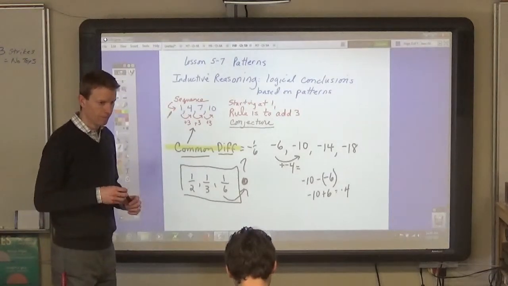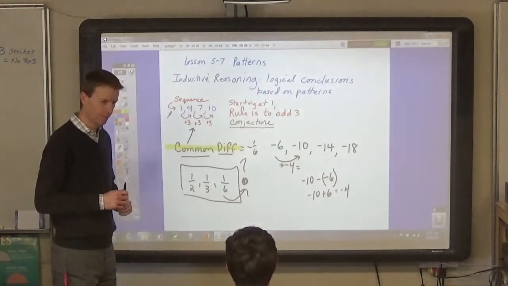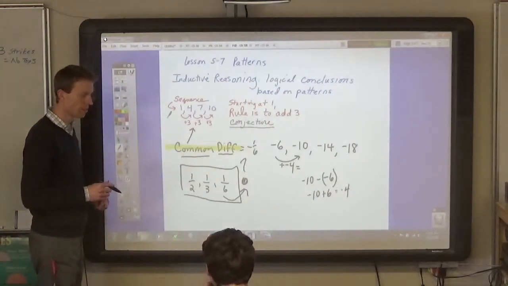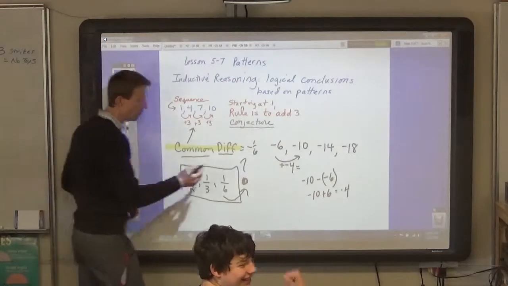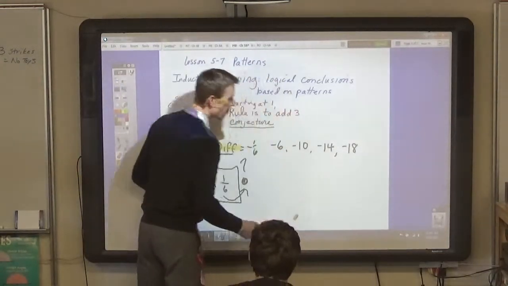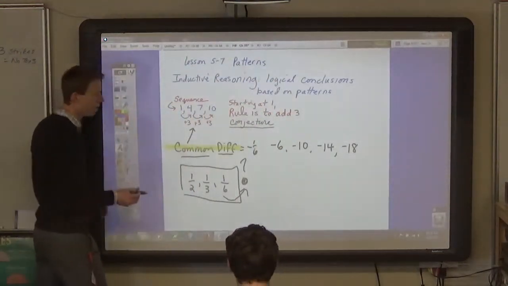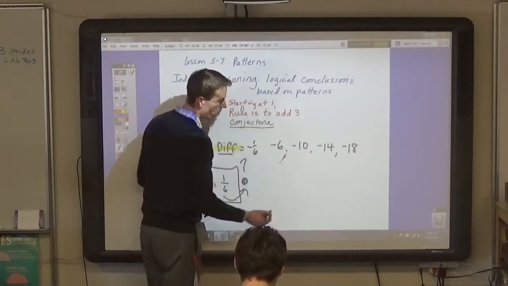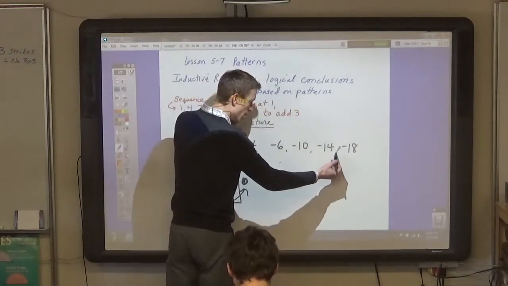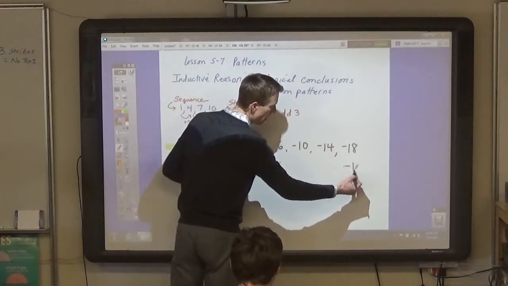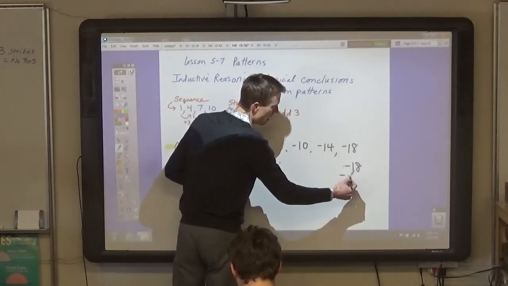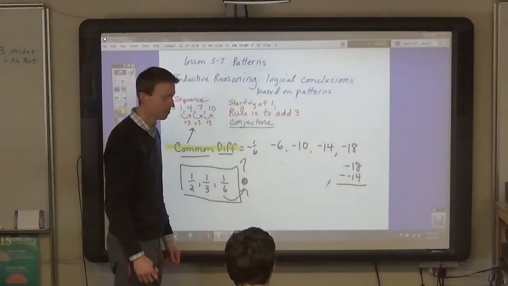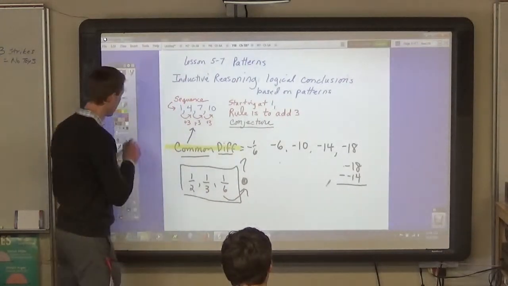The difference between all the numbers. Normal subtraction. Yeah, the difference between all of the numbers. In other words, if you subtract them in reverse order especially, so if we go with negative 18 minus negative 14, what do you get?